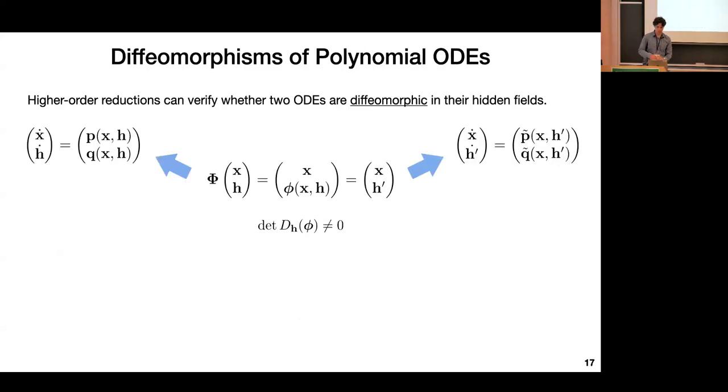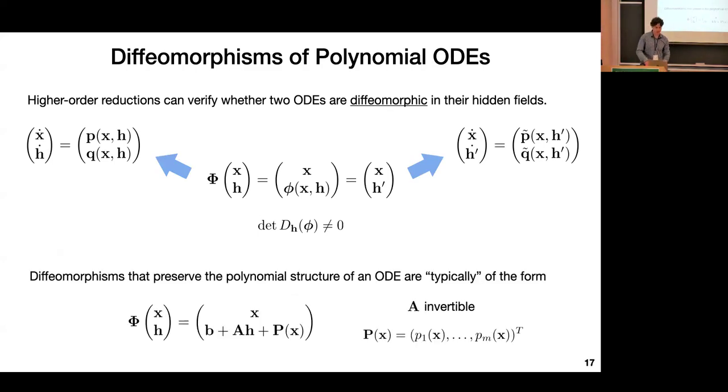Okay. More generally, there's also an interesting mathematical question of what class of diffeomorphisms take polynomial differential equations to other polynomial differential equations. And it turns out that there is a pretty large class that you can write out, which takes this type of functional form.